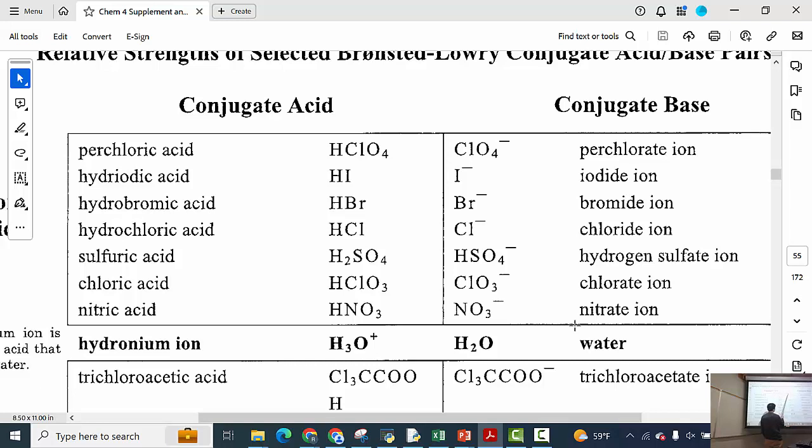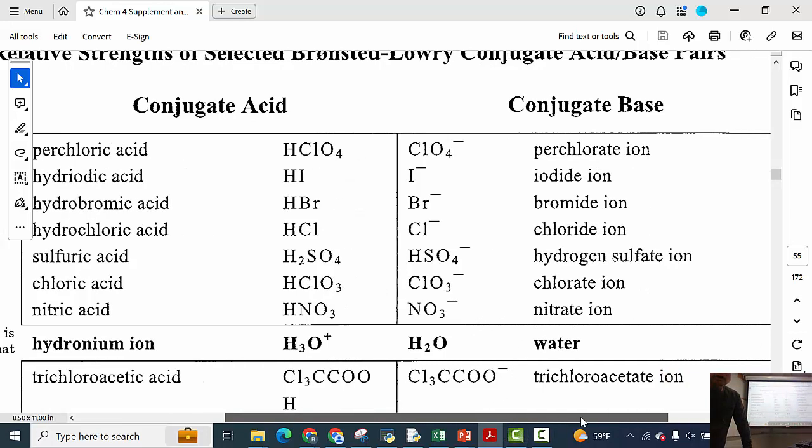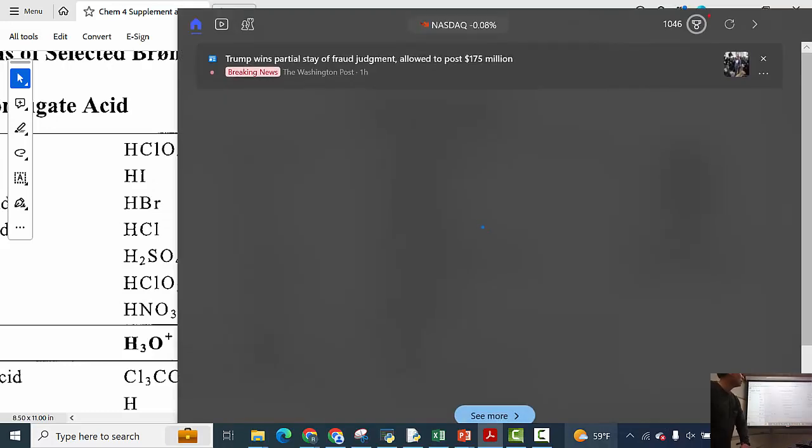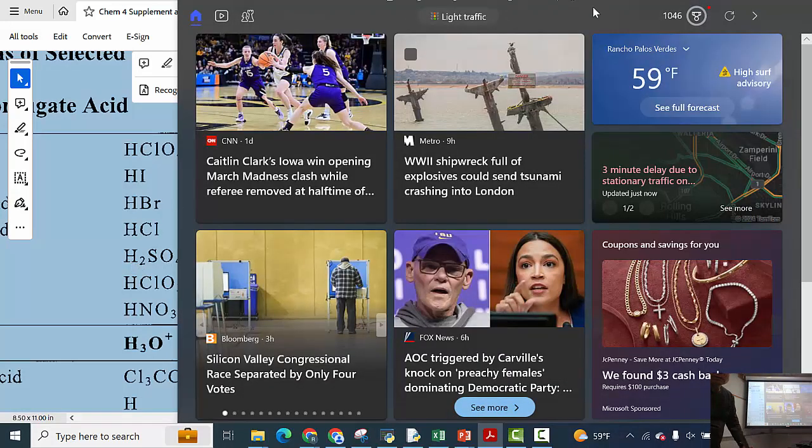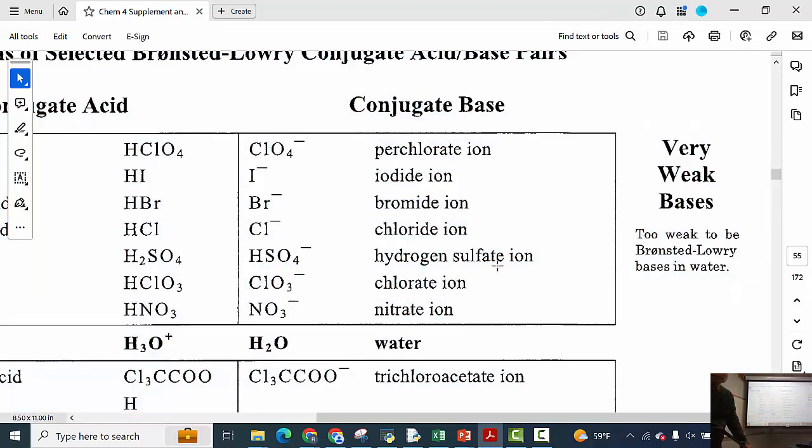And so this is strong, meaning all these are extremely weak bases, because they all lose their H plus easily, and they all don't have a strong desire to get another H plus. So these are very weak bases, too weak to be Bronsted-Lowry bases in water.